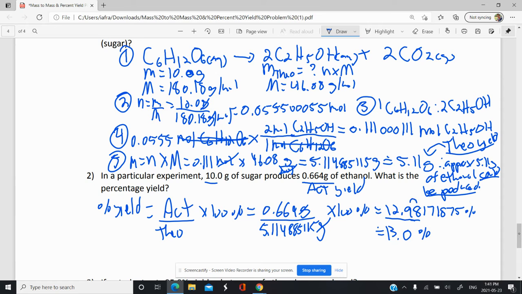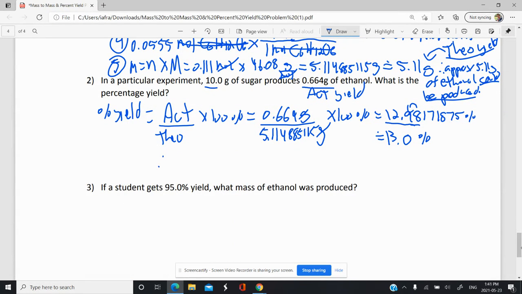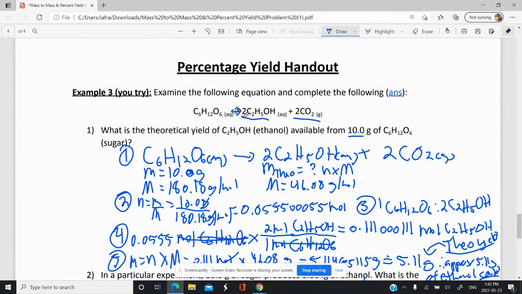So you can say that therefore the percent yield is approximately 13.0%. So we might have had poor collection technique. Maybe our reaction didn't happen all the way if we were trying to decompose it.